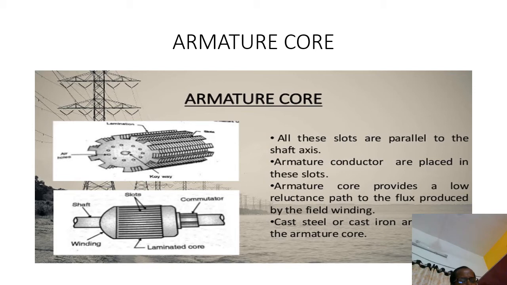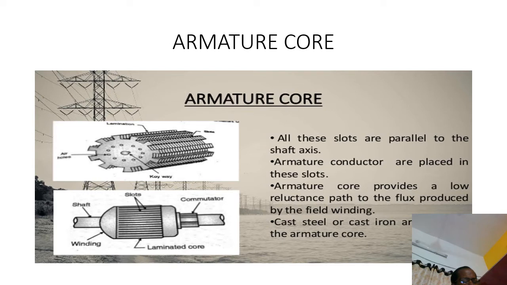Each stamping is separated from the neighboring one by varnish. The purpose of using lamination is to reduce the eddy current loss, whereas the high permeability silicon steel is used to minimize the hysteresis loss.